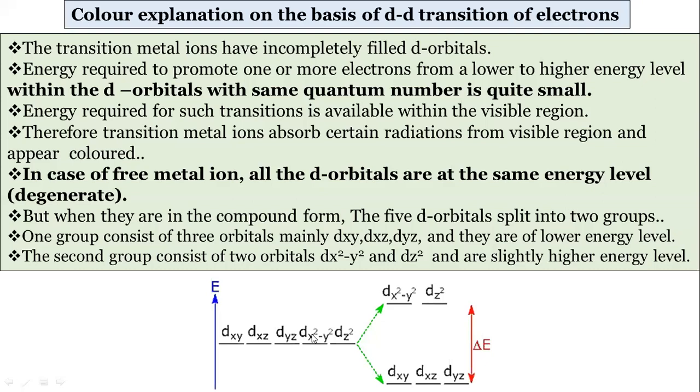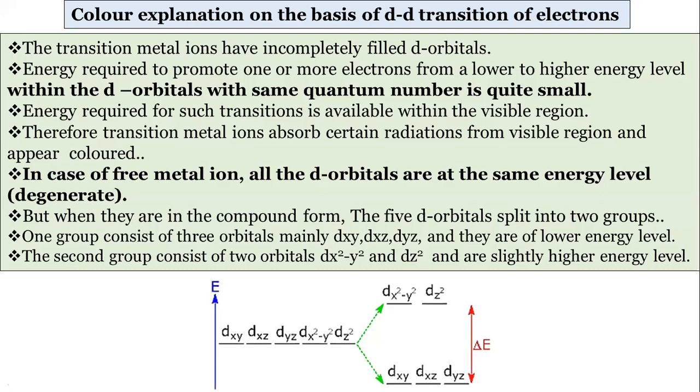But what will happen if these d orbitals absorb energy from the visible region? When the transition metal absorbs energy, the d orbital absorbs radiation from the visible region.